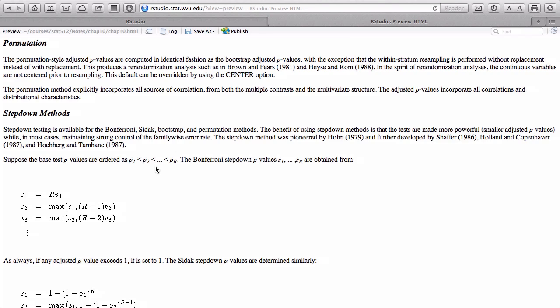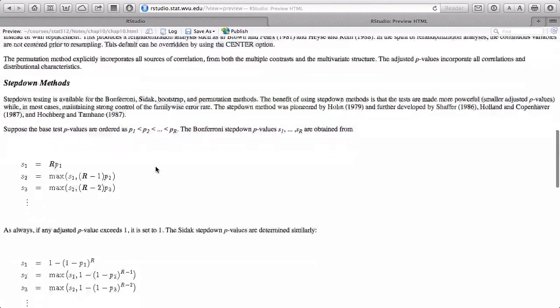And then at the next step, it's m minus 2, or in their notation, R minus 2, times the third smallest p-value, and then again you look at S2, which is from the second step, and so forth. So that's less conservative than the Bonferroni, where you're multiplying everything by R. It gets very hard for p-values to be less than 0.05 if you're multiplying them all by R. Even if you have small p-values, they still get multiplied by R.